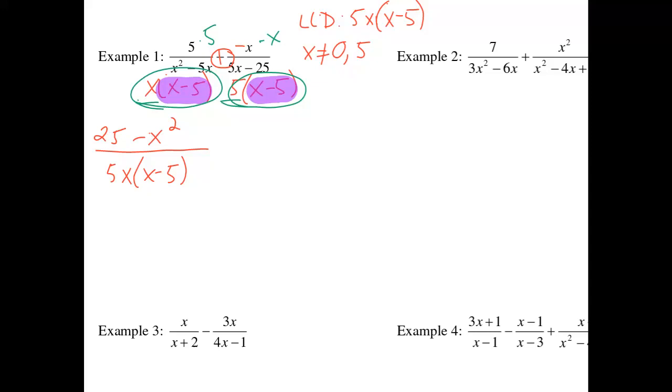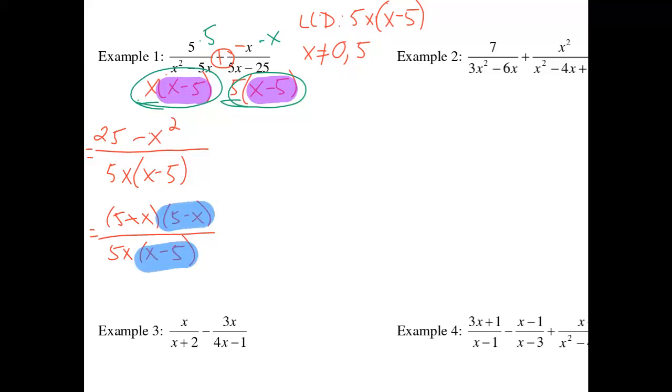Last step, now that we've combined into one fraction, is to simplify, which means we have to try and factor and reduce common factors. So the top should look like a difference of squares problem to you. We can make that 5 plus x, 5 minus x, still all over 5x times x minus 5. And if we look at this, it looks similar, but not identical. I'm looking at the two factors, 5 minus x and x minus 5.